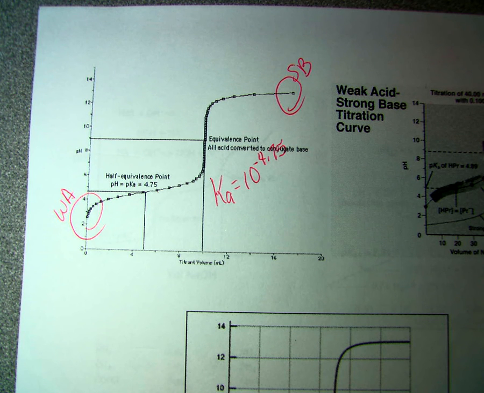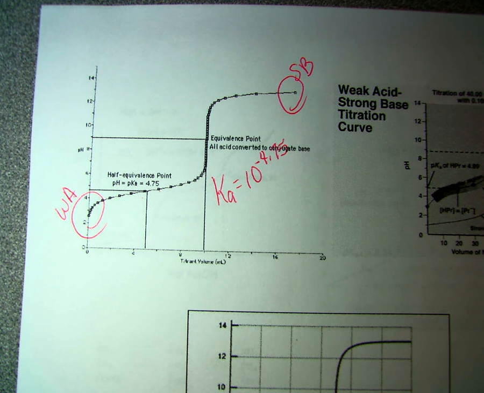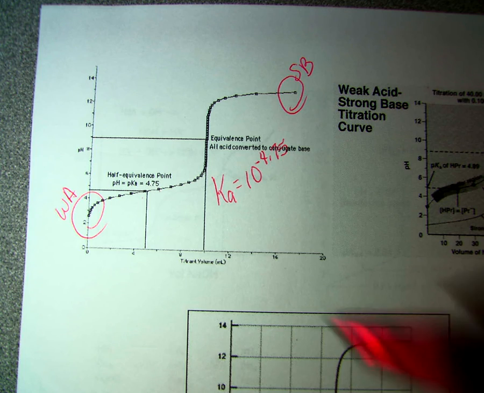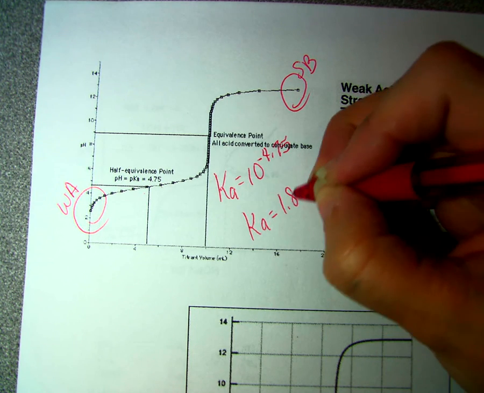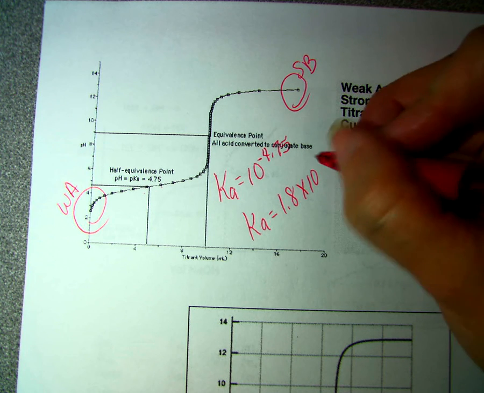So when you put it into your calculator, you go second log, and then negative 4.75 and hit equal, and it's going to give you that the Ka is equal to 1.8 times 10 to the negative fifth.